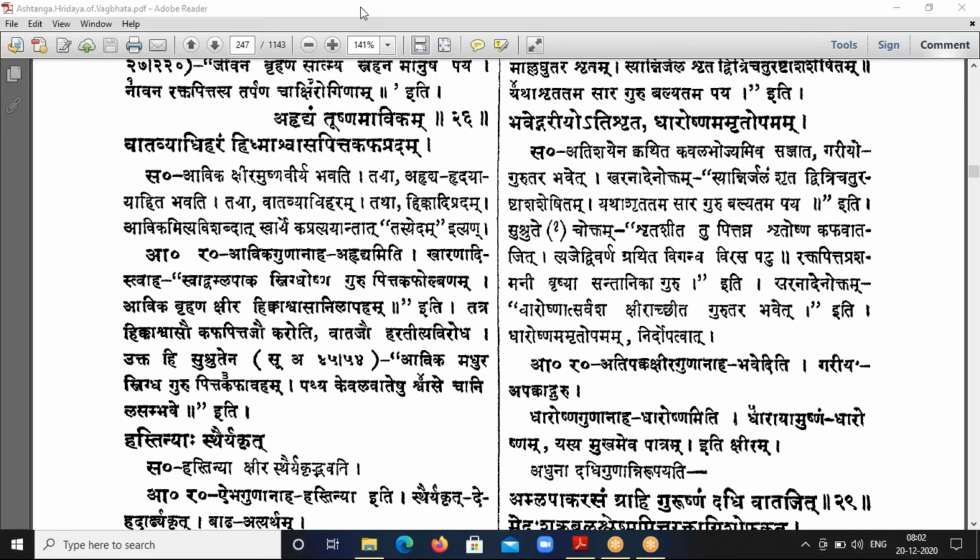Again, one more observation: Acheshtayaja pradoshad gariyasmrudam aushasam. Pradoshad aushasam kshiram gariyaha smrudam.